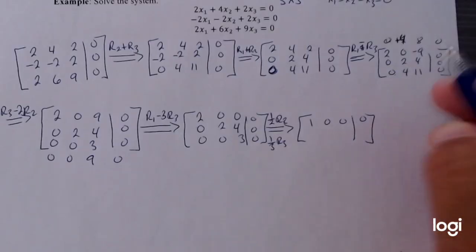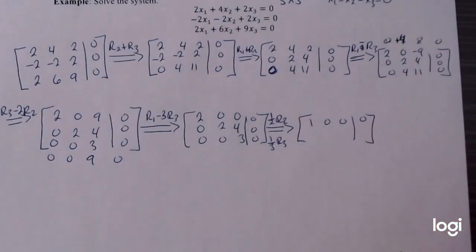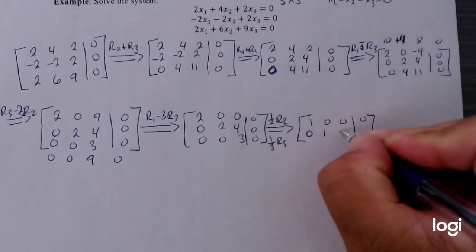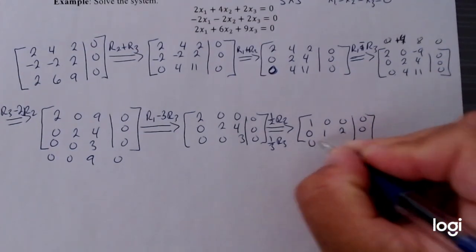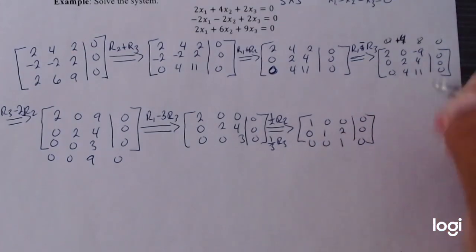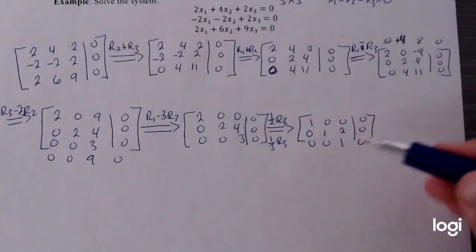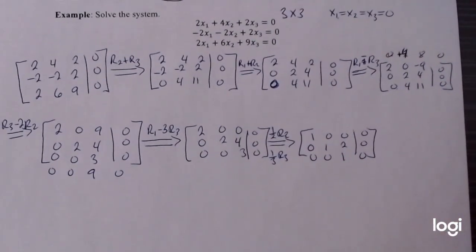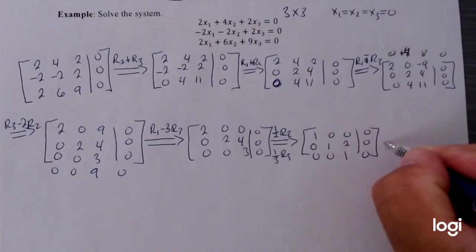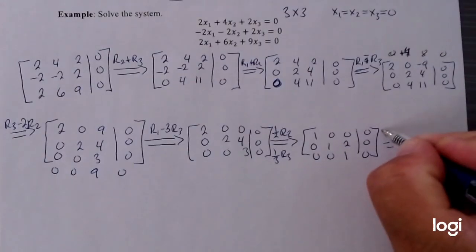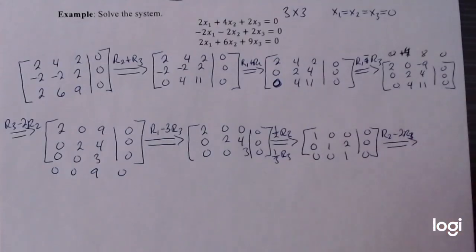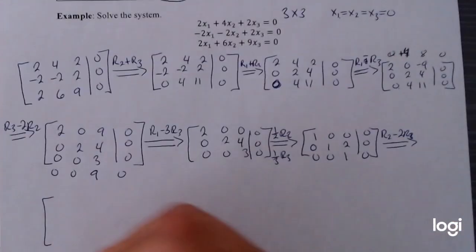So it looks like we're on the right track. x1 is 0 already. And so is x3. So we just have to show that x2 equals 0, and we've got our proof, which is not bad, right? So now we're just going to have to multiply. Row 2 minus 2 times row 1, or sorry, row 3, and we get our final answer.